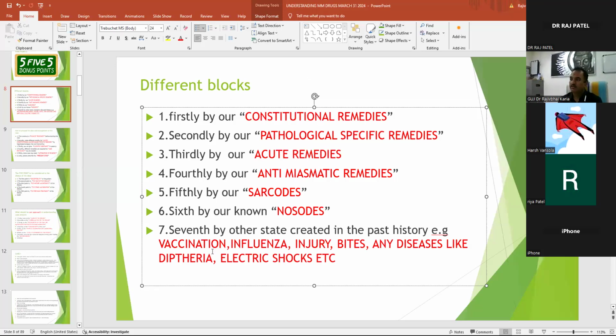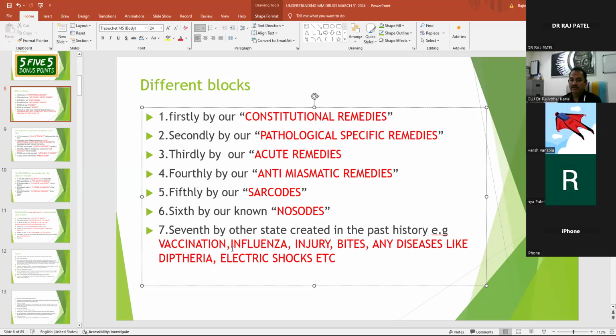So we have to read many cases, and we have to read all our stalwarts like Burnett, Boenninghausen, Hahnemann. So you take this screenshot. First is constitution, second is pathological specific, acute remedy, anti-miasmatic, Charcot's, nosode, and vaccine state.